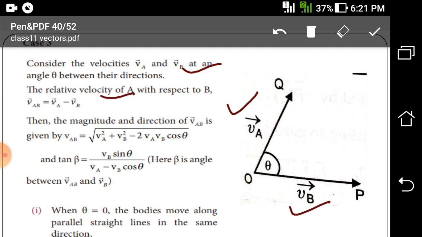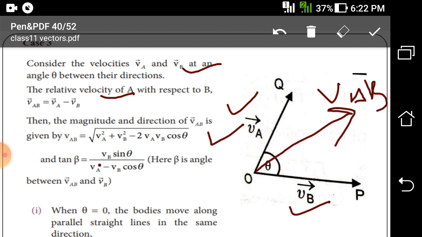Here we have to use the subtraction of two vectors. In the previous lecture we have done the subtraction of two vectors. The resultant of two vectors, that is VAB, is given by this formula: square root of VA square plus VB square minus 2 VA VB cos theta. Theta is the angle between the two vectors.